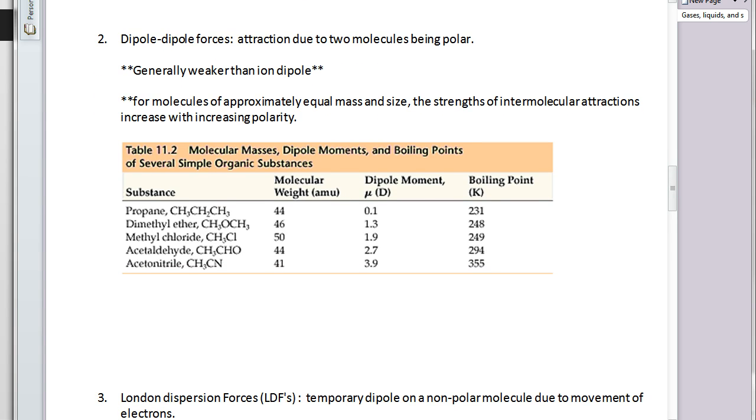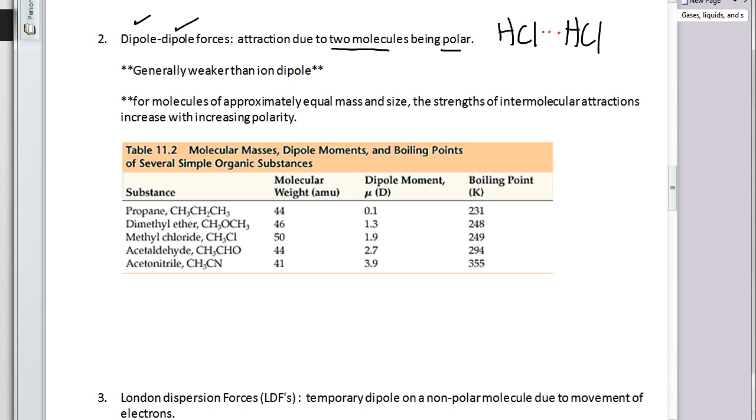The next type of intermolecular force that we often come across is what's called a dipole force. This is the attraction due to two molecules being polar. In the example I gave before, with HCl, one HCl molecule will be slightly attracted to another HCl molecule because there's polarity occurring here.